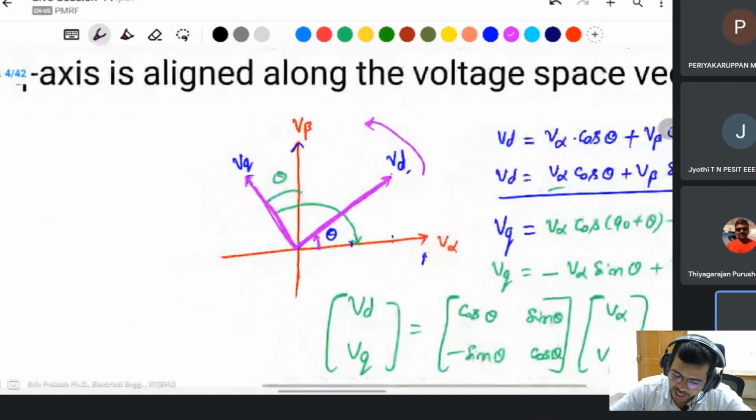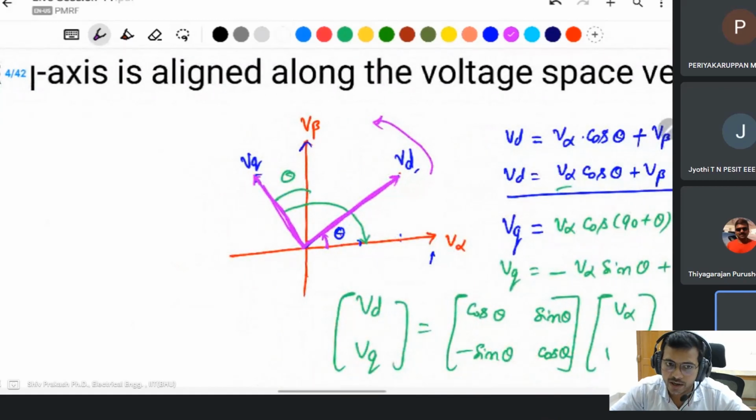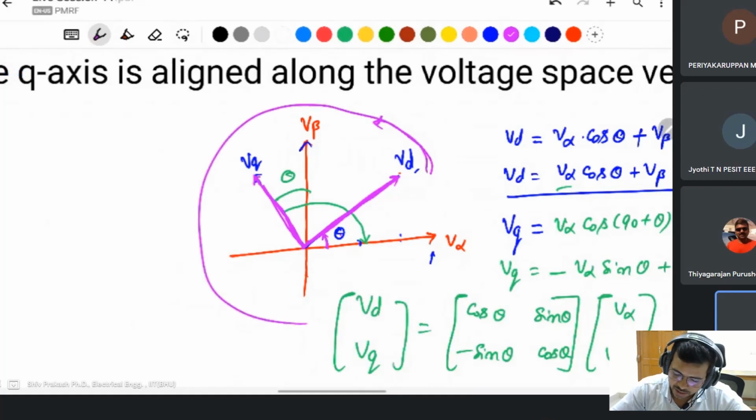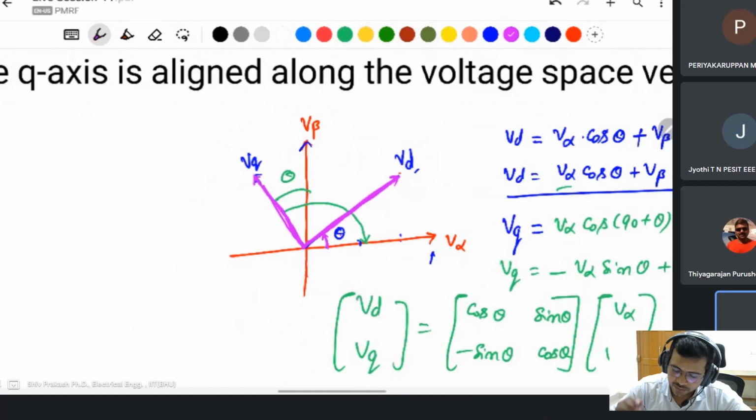It will rotate like that. The angle may go from 0 to 360 degrees. This is the DQ transformation system, DQ theory. VD and VQ, any function in the D axis and Q axis, have a fixed magnitude, but the angle will be rotating.